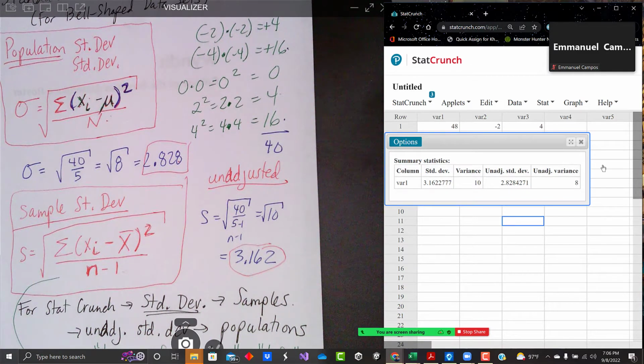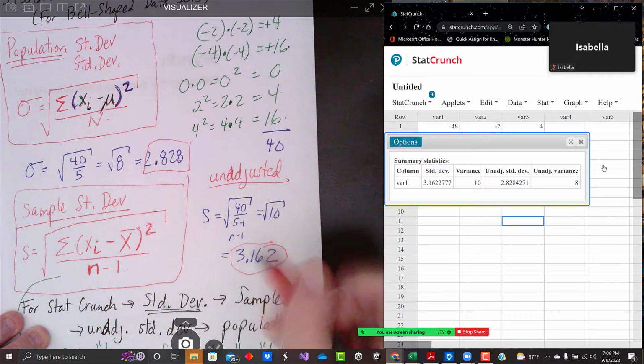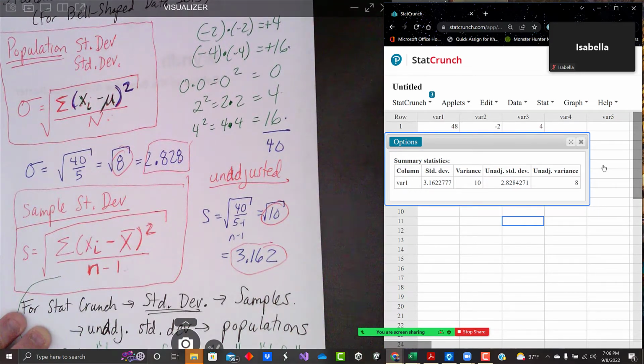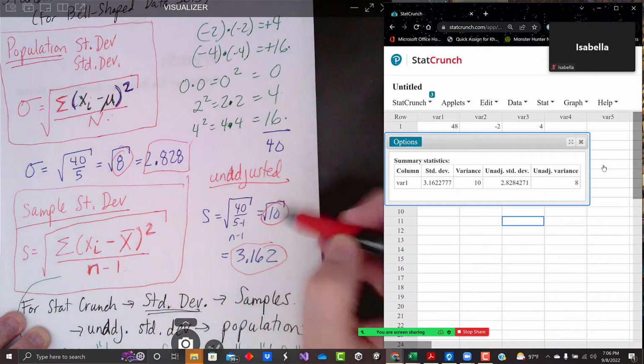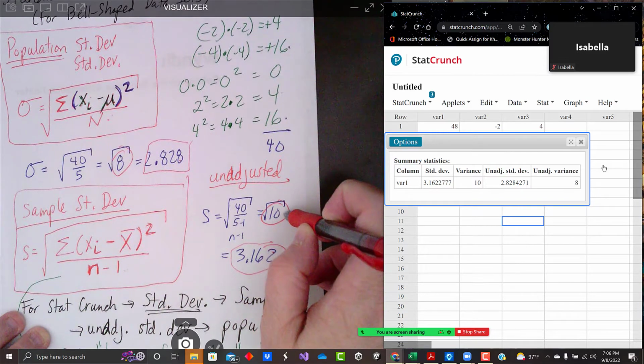Do I have 10 and 8 anywhere on my screen? Yeah, I do. There's my 10. There's my 8. 3.162 was before we took the square root of 10.